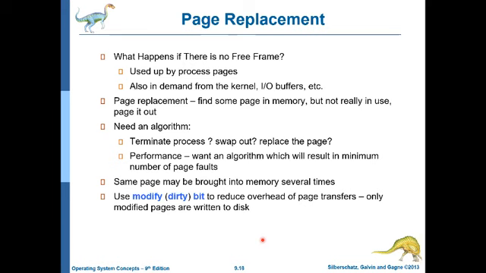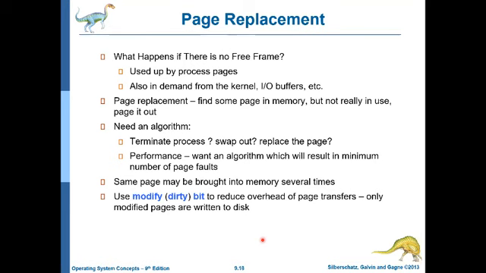So we will need an algorithm which will replace the existing page in a frame by a new page which is needed to be executed by the CPU. So what should the algorithm do? Should it terminate the existing process whose page it needs to replace? Should it swap out that process or that page, and replace the page afterwards?